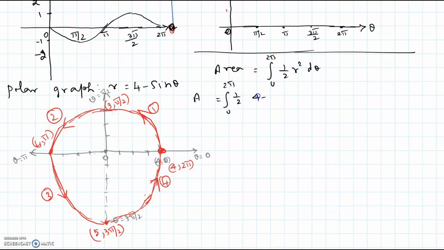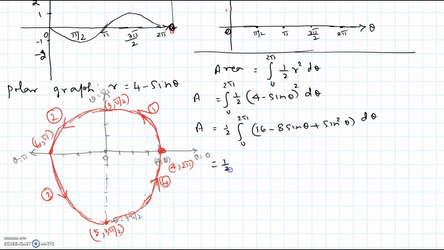R is 4 minus sine theta. So substitute for r, 4 minus sine theta the whole square d theta, which is 1 half integral from 0 through 2 pi, 16 minus 8 sine theta plus sine square theta d theta.